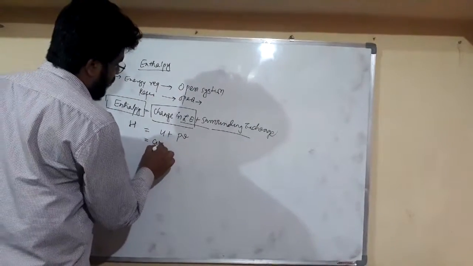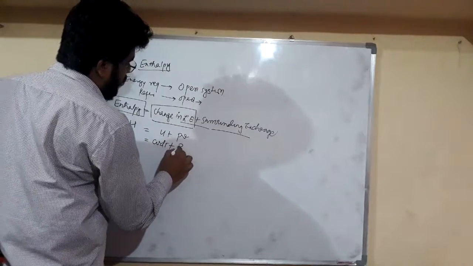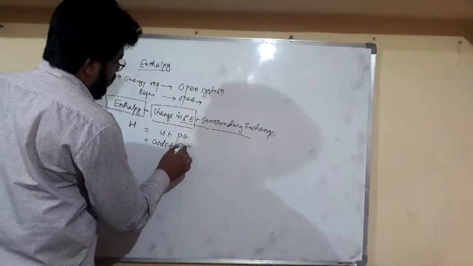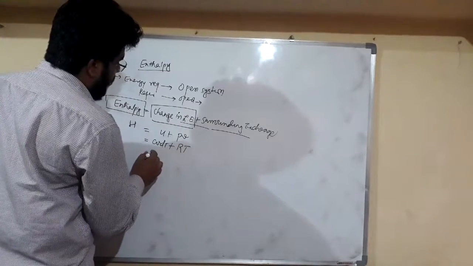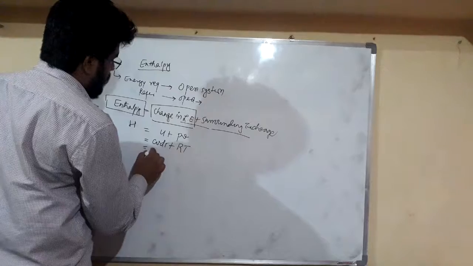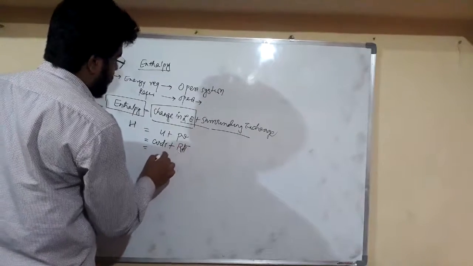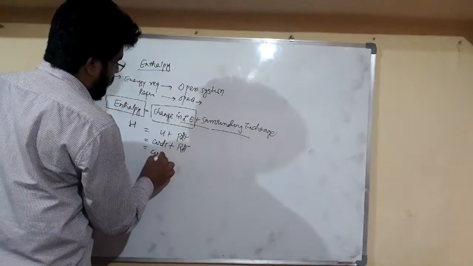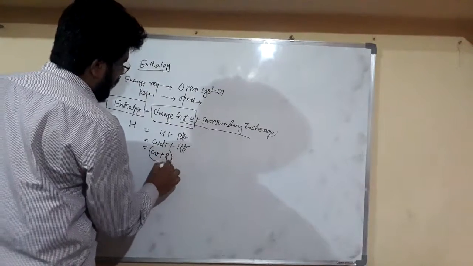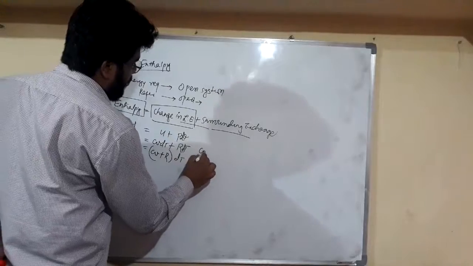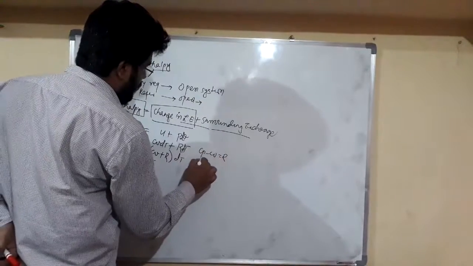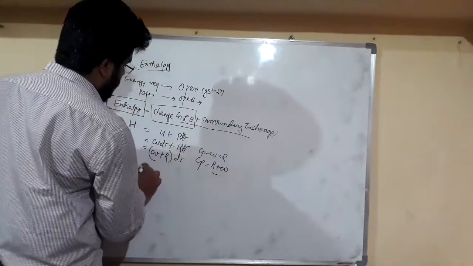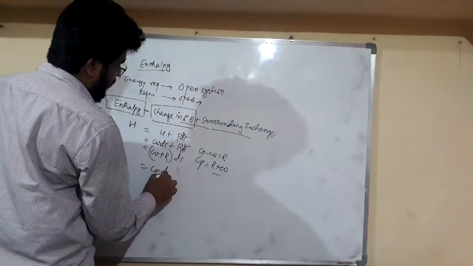U is equal to Cv dT and PV is equal to RT. Friends, so here dT becomes R dT, for P dV. So (Cv plus R) dT. Friends, Cp minus Cv equals R, and Cp equals R plus Cv. So R plus Cv is equal to Cp and dT is the same.